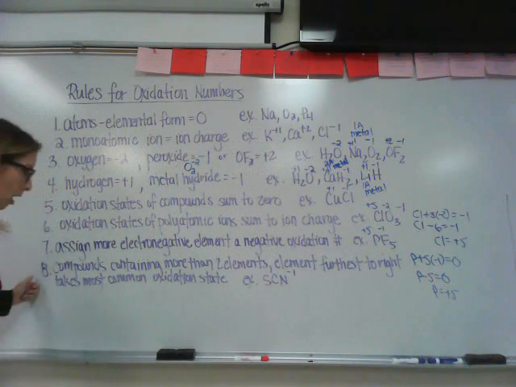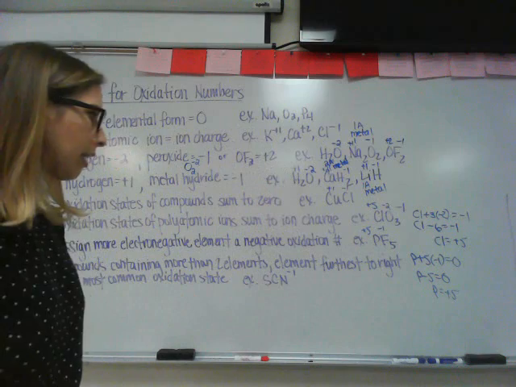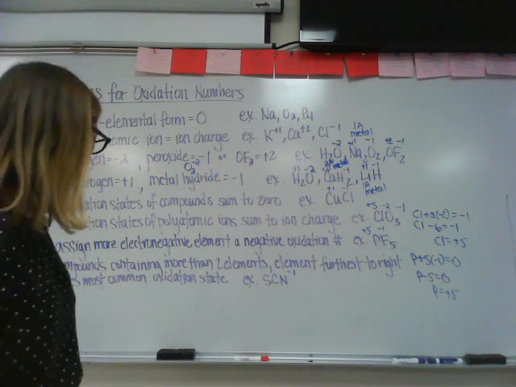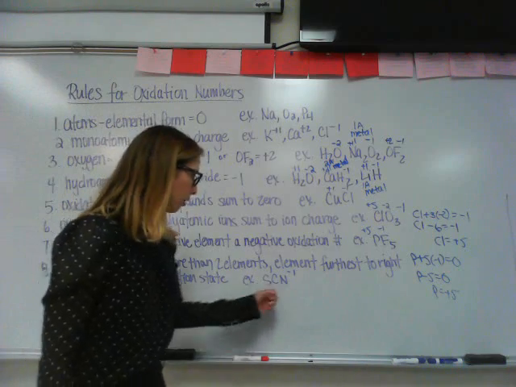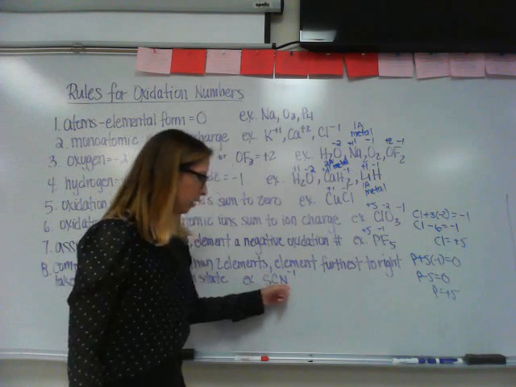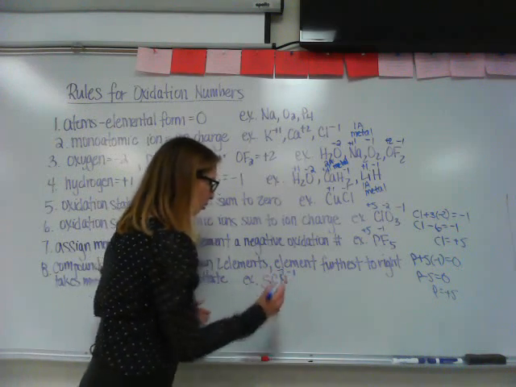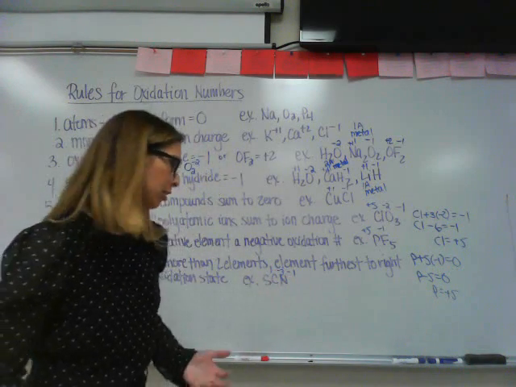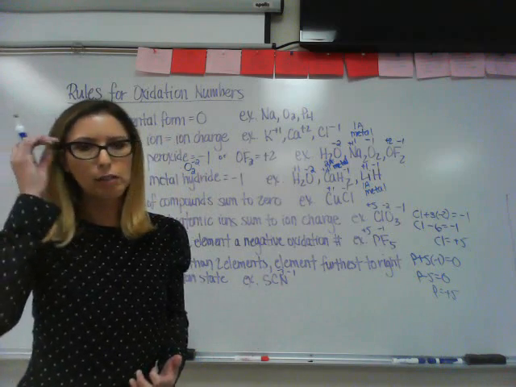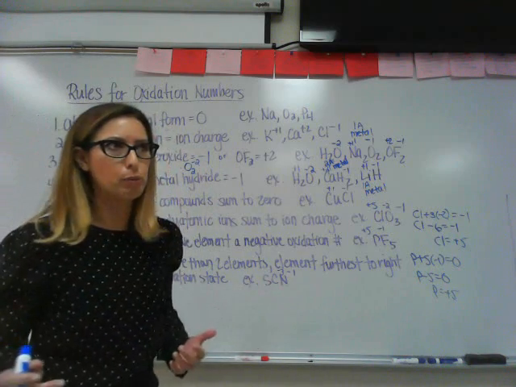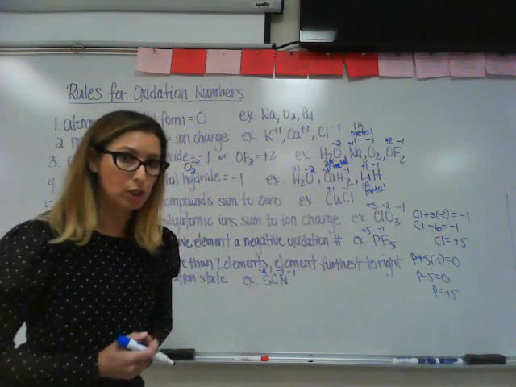Last rule. Compounds containing more than 2 elements. You want to assign the element that's furthest to the right its most common oxidation state. Well, nitrogen is the furthest to the right here, so we're going to assign it a -3, because that's its most common oxidation state. Then from there, I would recommend assigning the more electronegative element between sulfur and carbon, which would be sulfur, its usual oxidation state, which is -2.